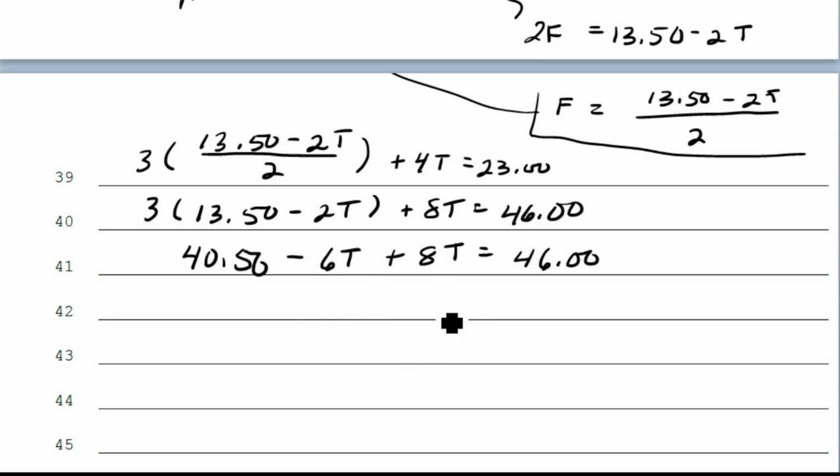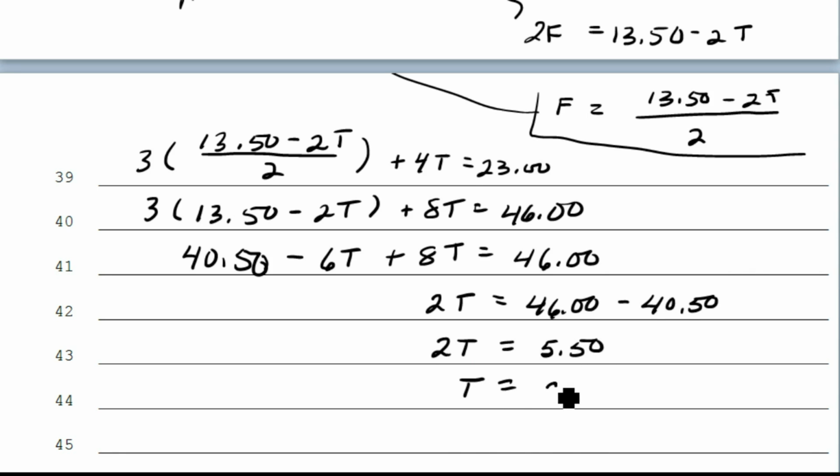Yeah, minus 6T plus 8T is 2T. Get rid of the $40.50 by adding a negative $40.50 to both sides. You'll get $46 minus 40.50. So 2T equals 5.50, and divide by 2, you get 2.75. The Tilt-A-Whirl ticket costs $2.75 apiece.